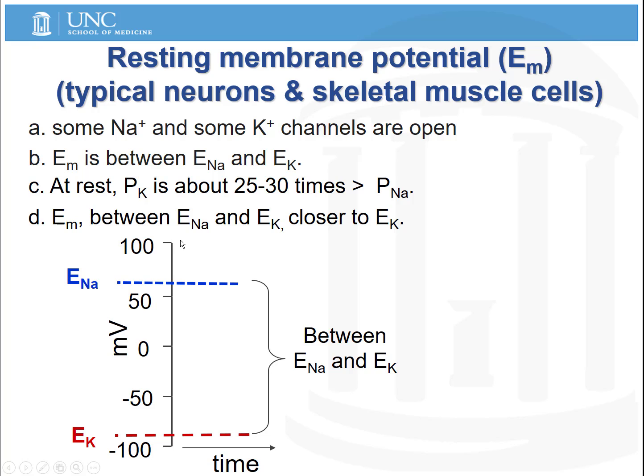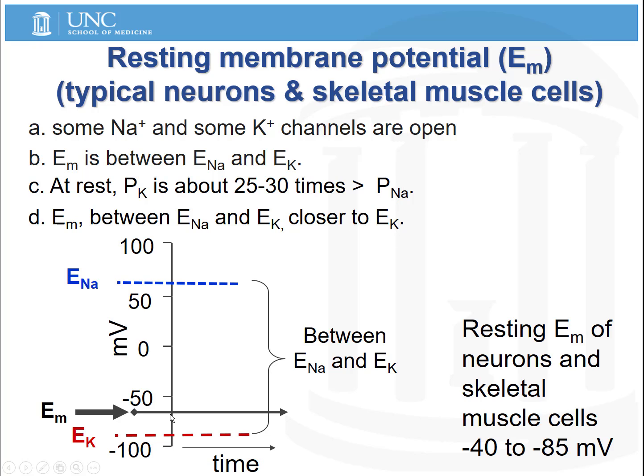So since ions that are more permeable contribute more to the membrane potential than those that are less permeable, we now know that the resting membrane potential is between the equilibrium potential for sodium and the equilibrium potential for potassium, but it's much closer to the equilibrium potential of potassium. And this is true. The resting membrane potential of excitable cells is generally between -40 and -85 millivolts.